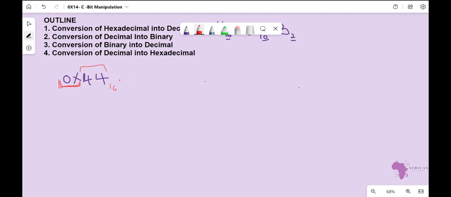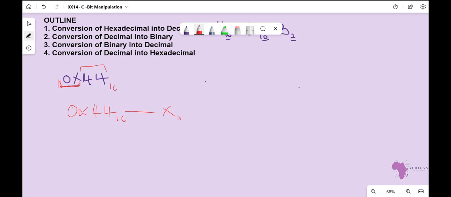Remember, decimal number is base 10. So if we want to convert 0x44 into a number which we don't know, that is the decimal number, which is of base 10, and this one is of base 16. Now that we know that, let's do it.